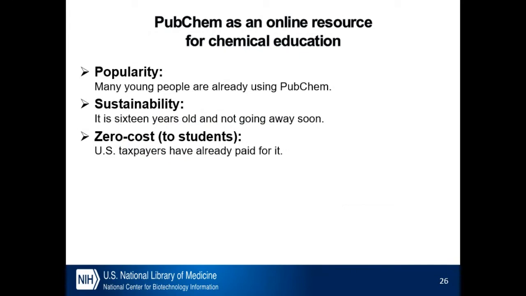So based on what I said so far, there are three big advantages of PubChem as an education resource. First, it is already being used by many young people. Second, it has been available to the public for more than a decade, and it's not going to go away in the foreseeable future. And third, it does not cost any money to students.